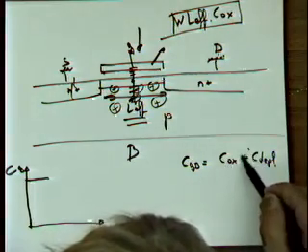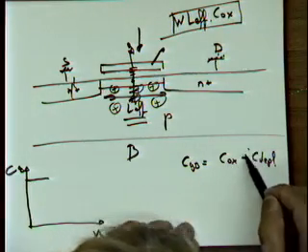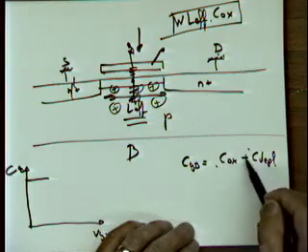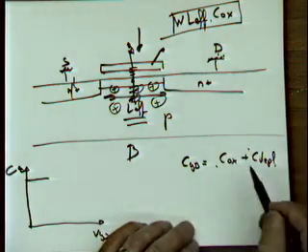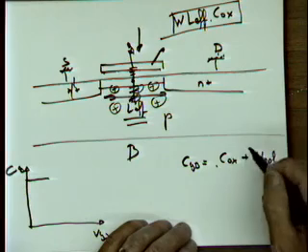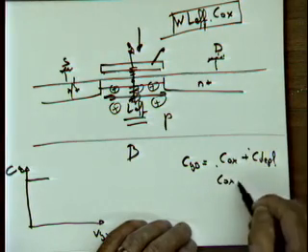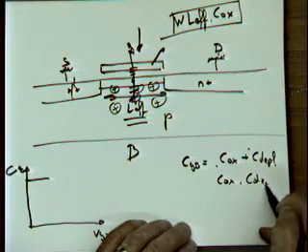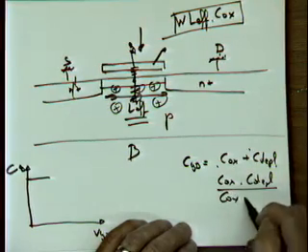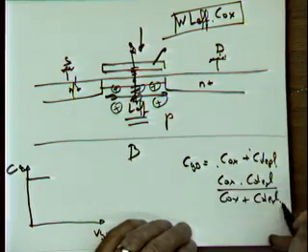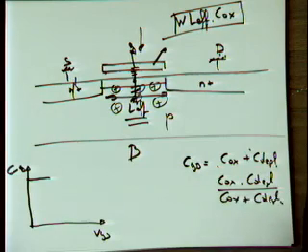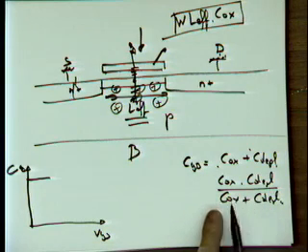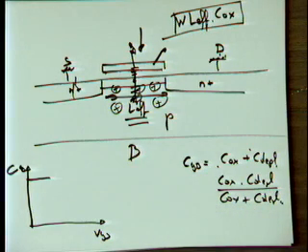It's C aux in series with C depletion. So it's not a sum, it's a series connection. So it's C aux times C depletion divided by C aux plus C depletion. Remember capacitance in series is like resistors in parallel.